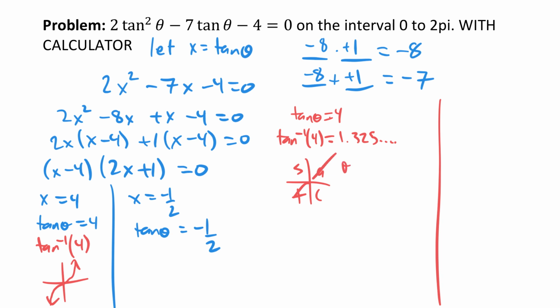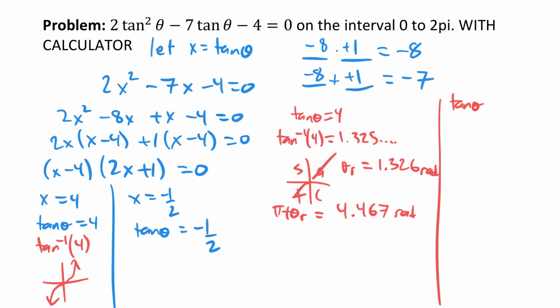So the first one here, make sure we round it though, 1.326. Then the other one is pi plus our reference angle. Again, use the full value on your calculator, 4.467. Okay, so we have two solutions from that portion.